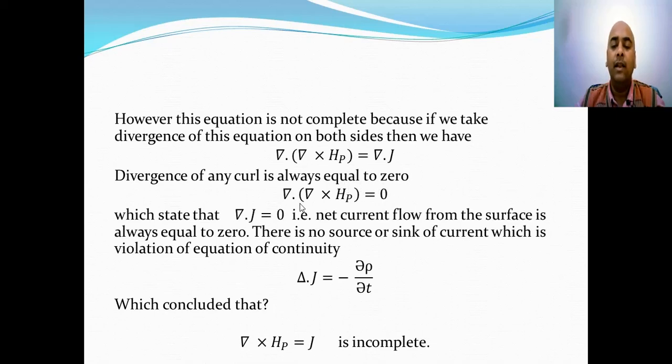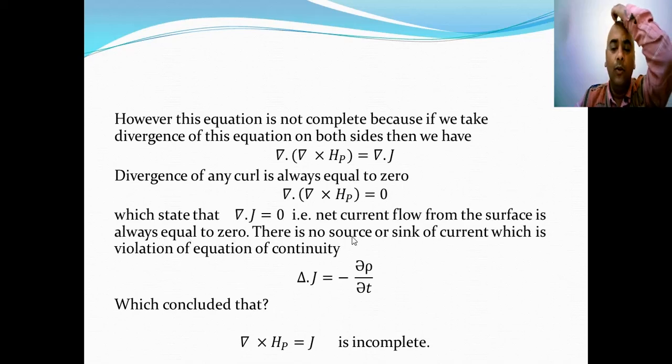That is, del dot (del cross H) is equal to 0, which states that divergence of J is always equal to 0. That is, net current flow from the surface is always equal to 0.